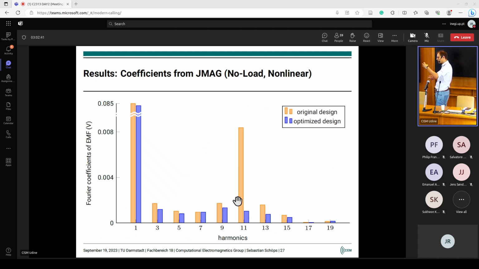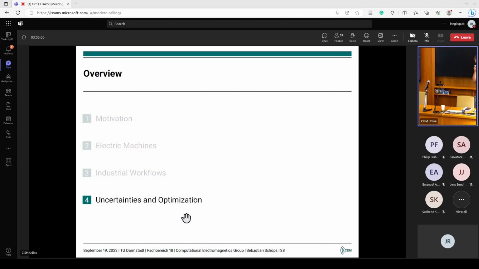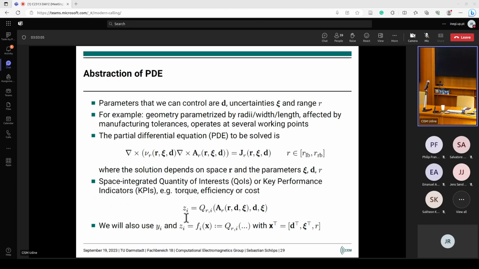There should be no cogging, I think is the correct word for it in English. So you look at the Fourier harmonics of the movement, and if you see that higher harmonics pop up, that's bad, and you see that the design we proposed has a significant reduction of these higher harmonic contents, and this was an interesting object of optimization.